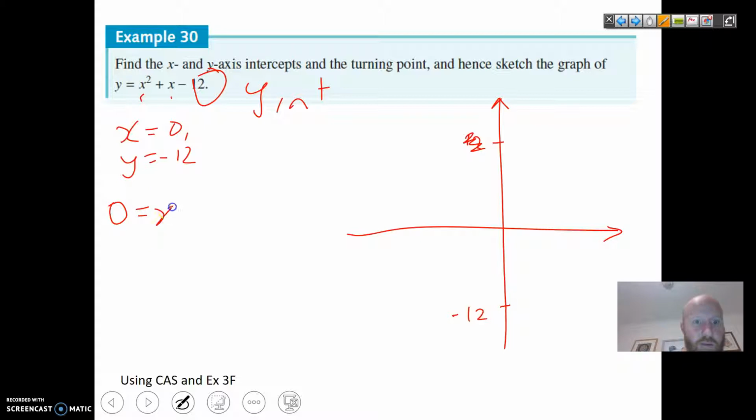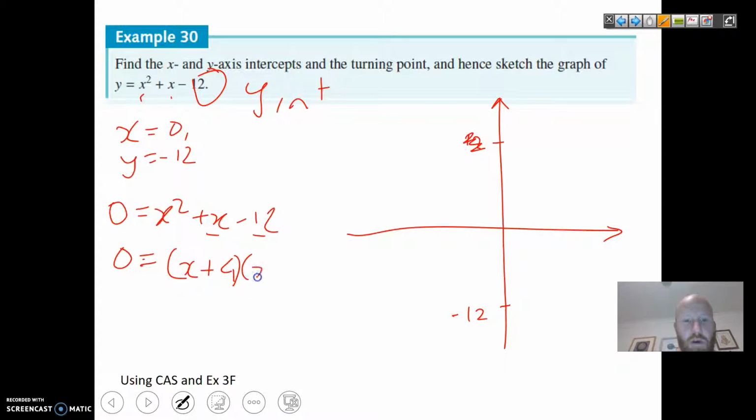So 0 is going to be x squared plus x take 12. Put it into factorized form. What are the factors of 12 that add to 1? That would be 4 take 3. X plus 4, x take 3. That will give me 1x and it will give me minus 12.